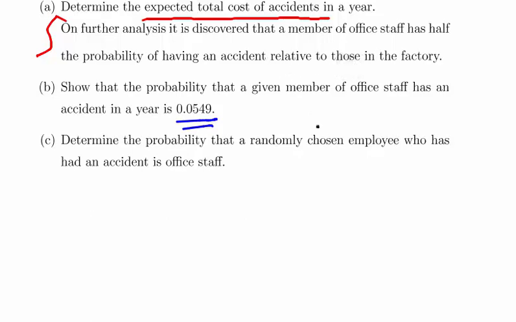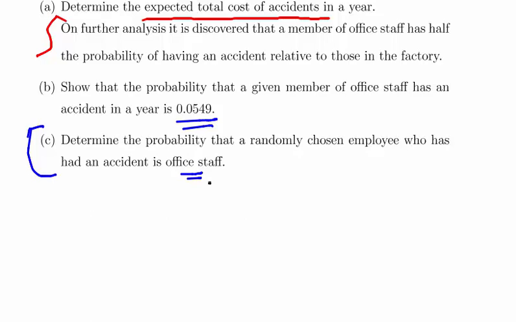Okay, so we're on part C now. Determine the probability that a randomly chosen employee who has an accident is office staff. Always be careful reading these questions. You can tell that it is a conditional probability, but it's a case of what given what.